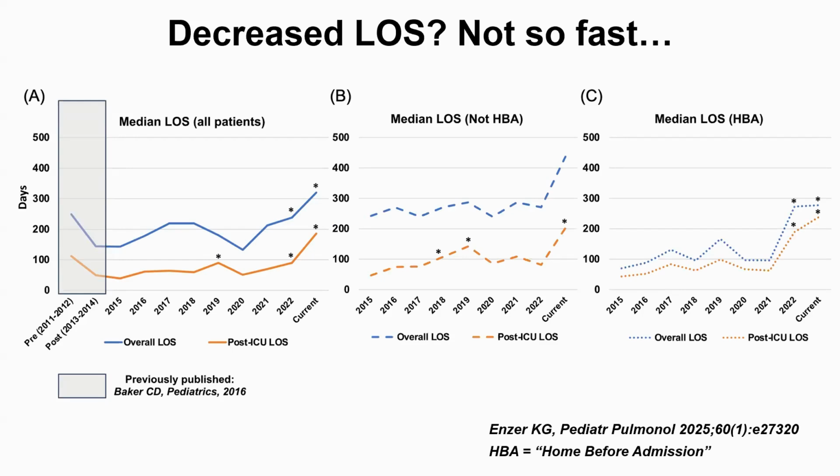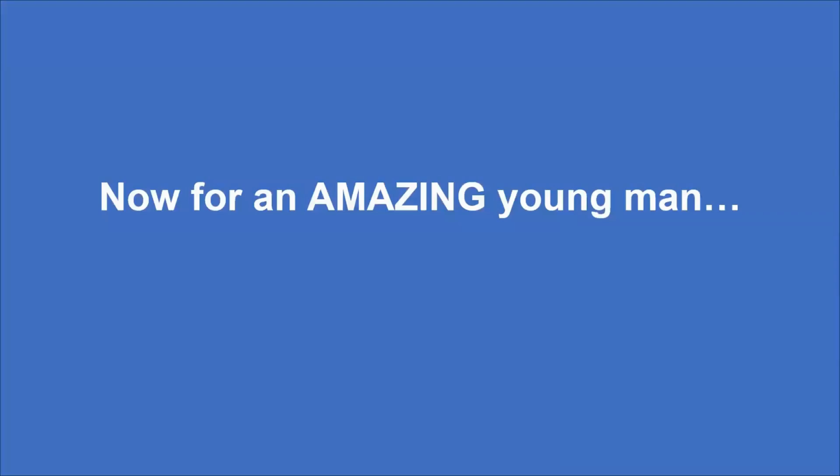But we said, okay, we need to help with this. There's still a lot to do. There are shortages in home nursing. We know there are a lot of disparities that lead to this, and so we're still trying to get creative in how to help our families, regardless of their resources.